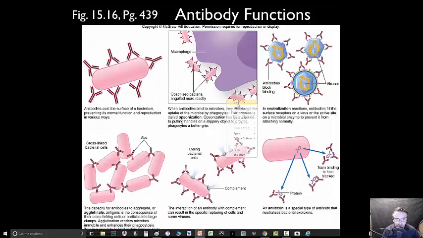Agglutination is most effective against bacteria, and it involves antibodies attaching to 2 bacterial cells with each arm and then locking them together so that they can't move apart. And this happens in a series where lots of bacterial cells are locked together by the cross-linking of the antibody arms against each microbial cell. And this is one of the ways that having 2 arms like this is really, really effective. So you can see how that makes this work here.